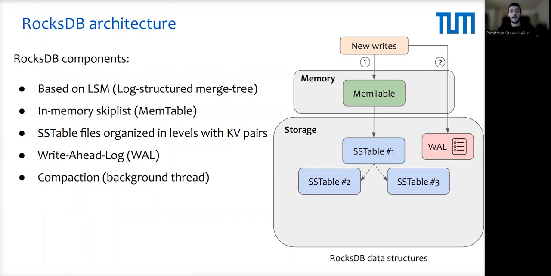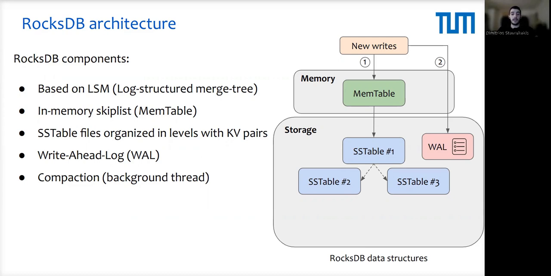Now, when an incoming write request for a key value pair is received, the pair is first inserted into the memtable, and the operation afterwards is logged into the write-ahead log. As mentioned before, when the memtable reaches a threshold, it gets flushed to the storage.